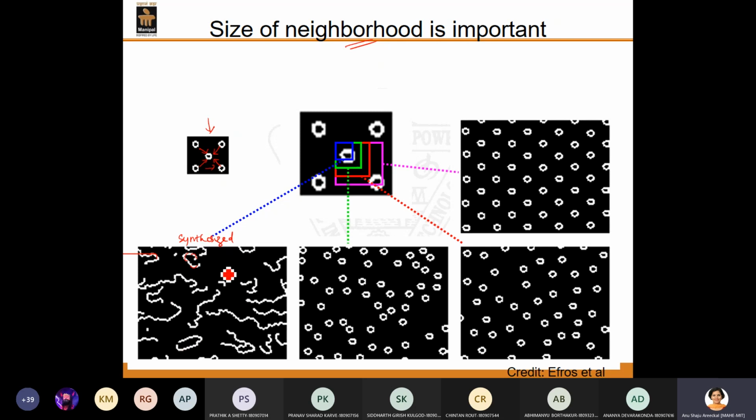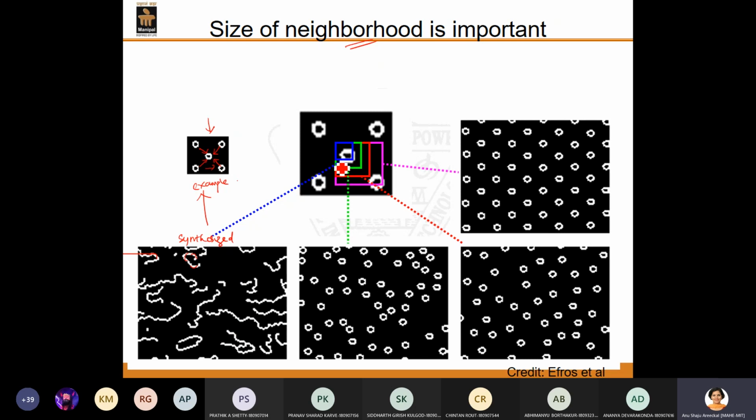If you compare this synthesized image with the example image given to us, this is not exactly the kind of texture we were looking for. This particular texture has not been generated within the synthesized image.